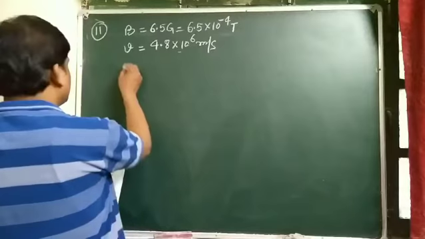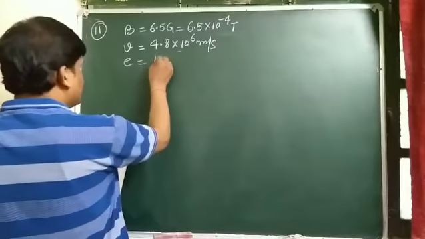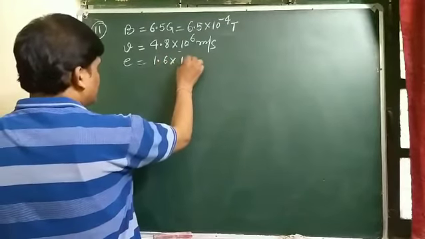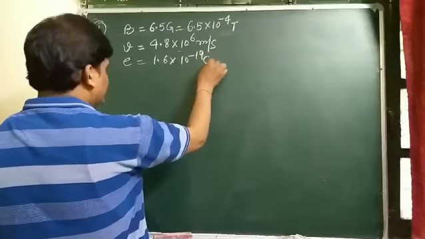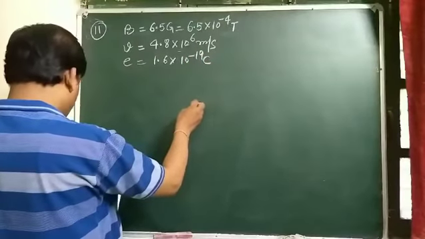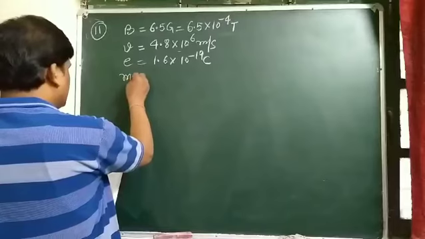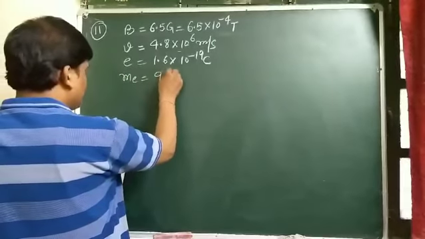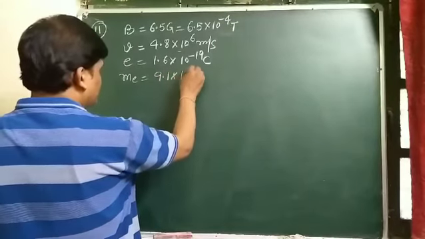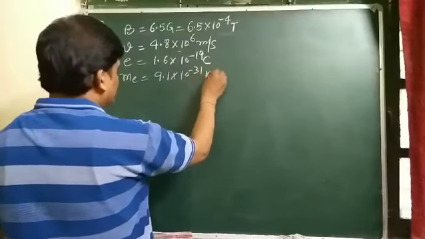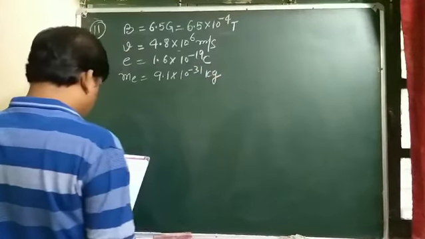The charge on the electron is 1.6 × 10^-19 C, and the mass of the electron is 9.1 × 10^-31 kg.